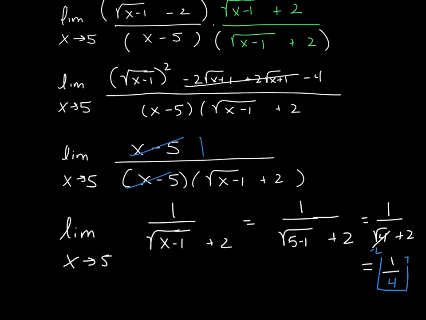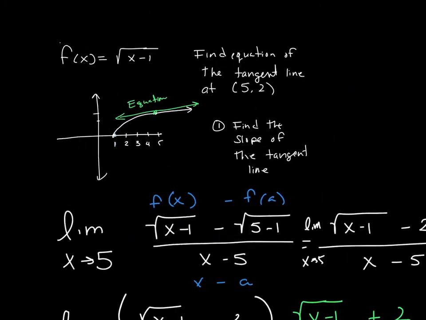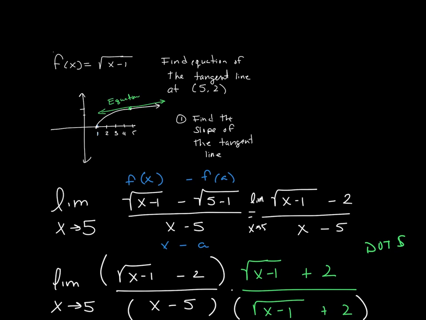Now again, what does this 1/4 represent? Well, let's go back up to the top for a second. And what this is telling me is that this is the slope of this tangent line. That means m of this tangent line is equal to 1/4. But that's not what the question asked me.